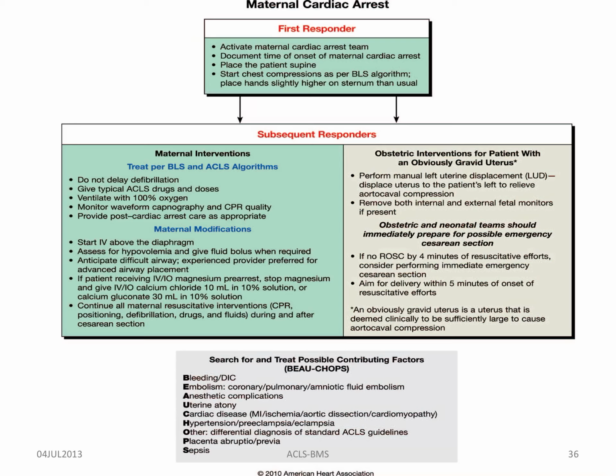Now if no resuscitation by 4 minutes, then consider performing immediate emergency cesarean section. Aim for delivery within 5 minutes of onset of resuscitation efforts, otherwise we will lose the child.